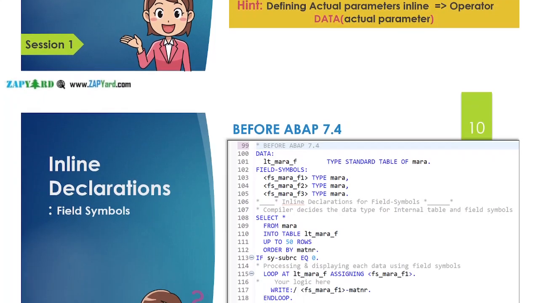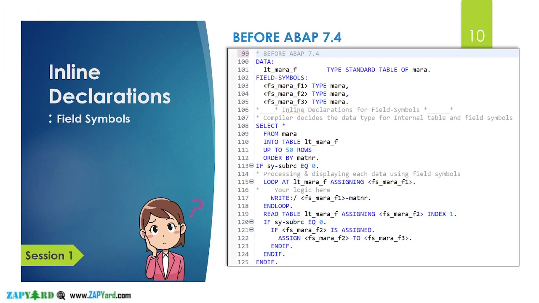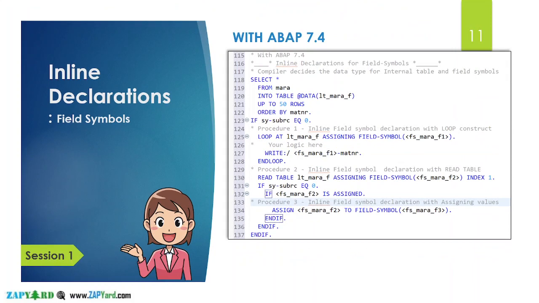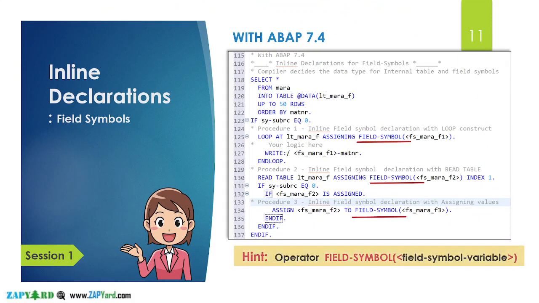Let us learn about the inline declarations for field symbols. In classic ABAP, you declare field symbols with the FIELD-SYMBOLS keyword, and you basically use it with the loop construct, the read table construct, and also while assigning a value from one field symbol to another. So with ABAP 7.4, we use the FIELD-SYMBOL operator and we declare field symbols inline using this operator.